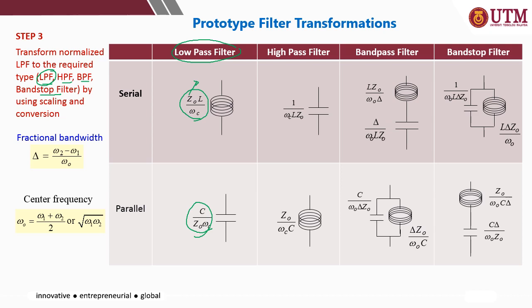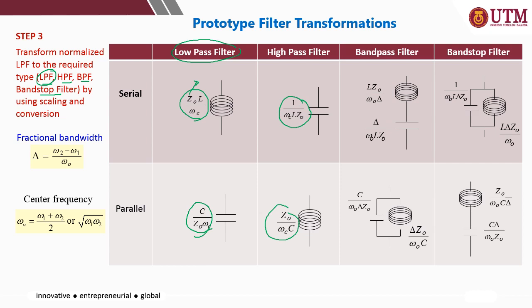If, for example, the system requires a high pass filter, then you need to transform the normalized circuit in step 2 to a high pass filter. The first component for the high pass filter is a serial capacitor, so you need to get the final value by using the following equation, and so on.